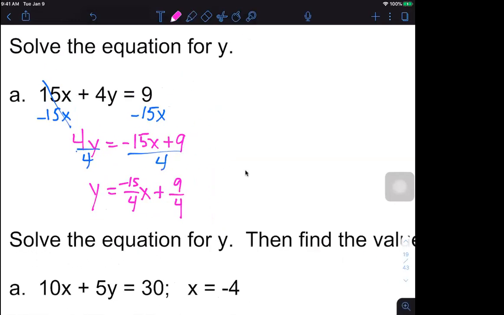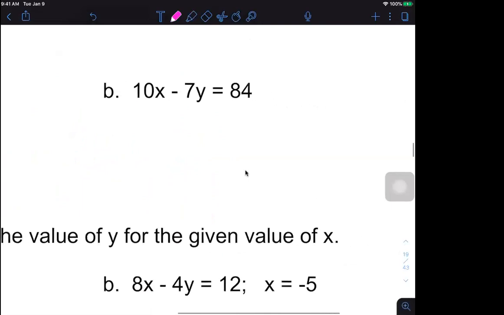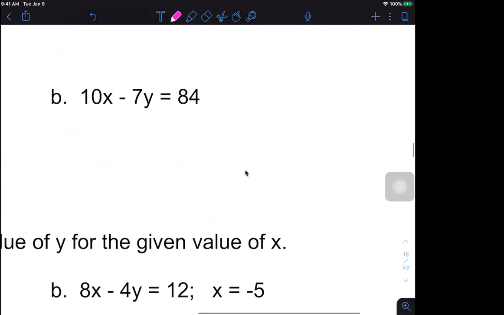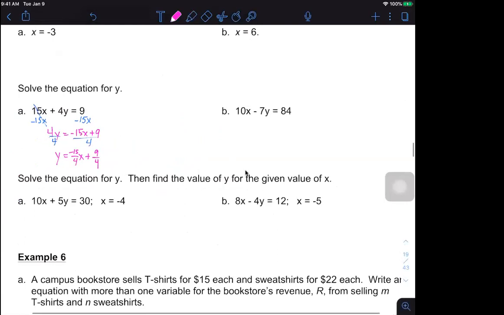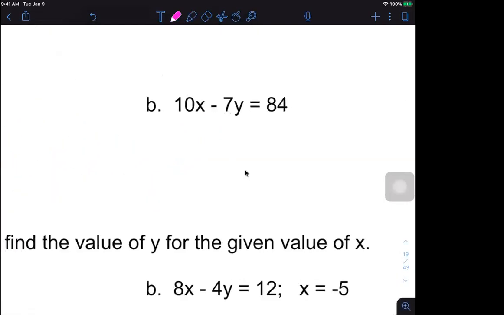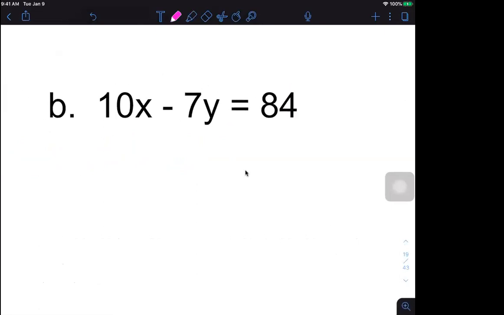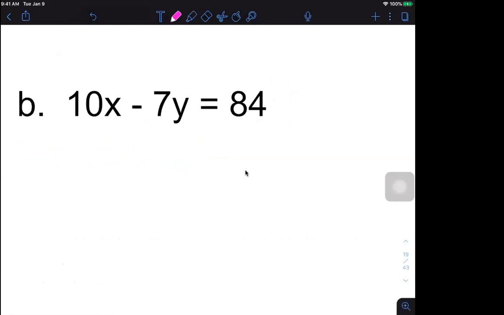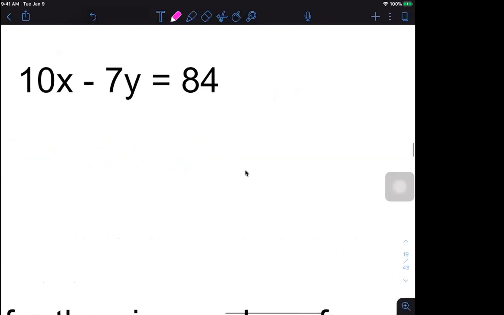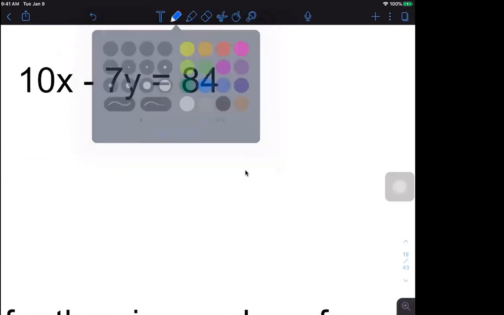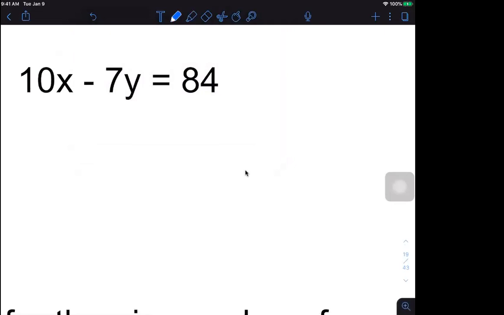So let's look at our second one here. We're going to do the same steps that we just did on this side. Again, we work away from the y, and then we'll have to divide out the number next to it. So Michael, what's our first step going to be here? Get y by itself, so subtract 10x.